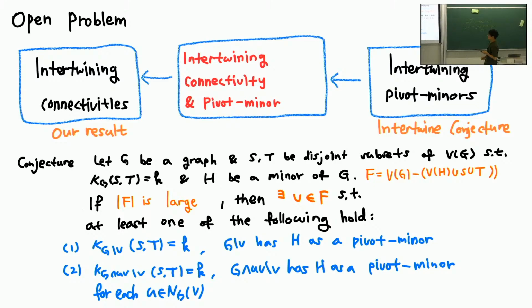Then it is possible to consider the case where one is connectivity and one is a pivot-minor. So here is the conjecture.